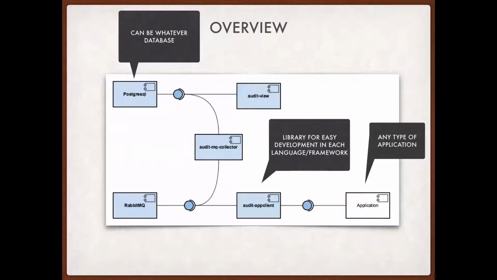If you see on the right, you can use a Java application. You can audit in any language, C# or PHP, and it doesn't matter how the application is built. You need to be able to generate the events and collect them.